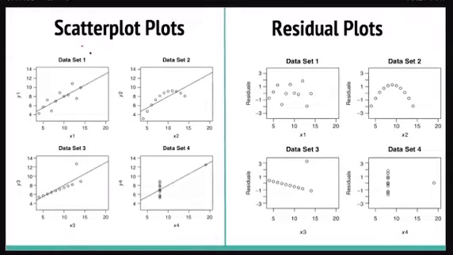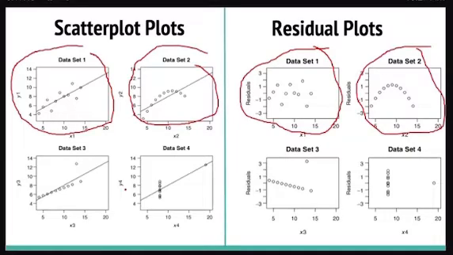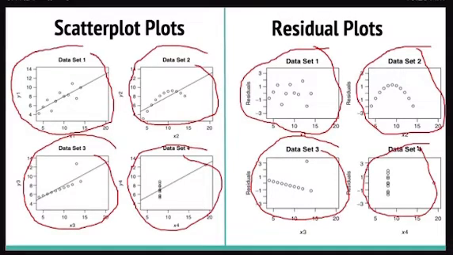For the scatter plot for that data, the corresponding residual plot is this. For data set 2, the corresponding residual plot is going to be that. For data set 3, the corresponding residual plot is going to be that. For data set 4, the corresponding residual plot is going to be that.